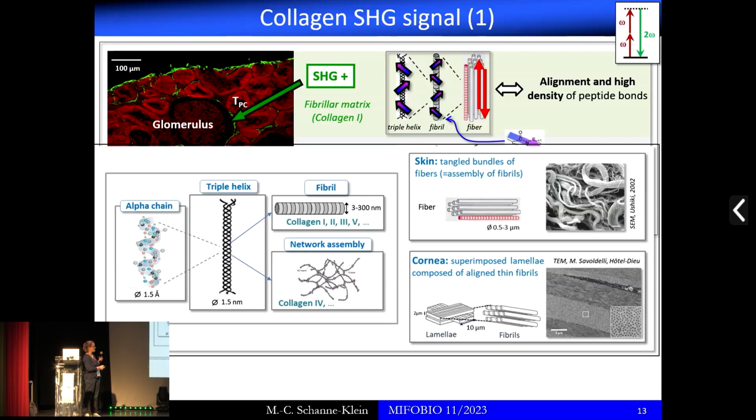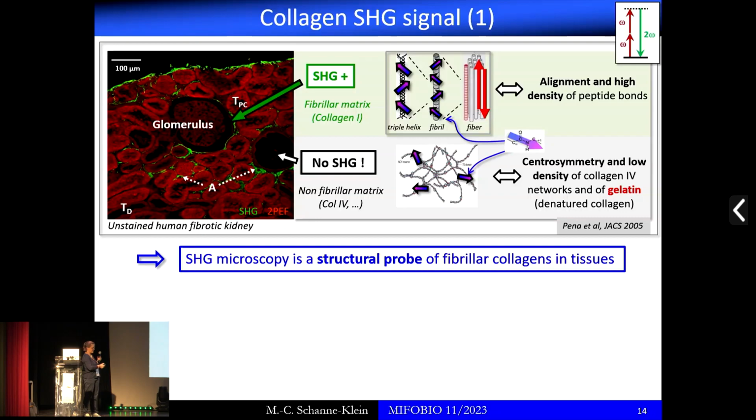So here what we see is all the peptide bonds are very well aligned within the triple helices and within the fibers, because all the helices within the triple helix are aligned, have the same polarity. And the same for all the triple helices within a fiber, they have the same polarity, so that there is constructive interference.